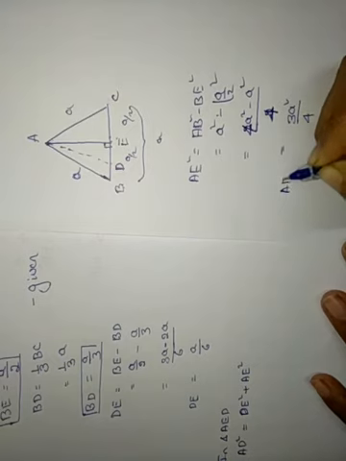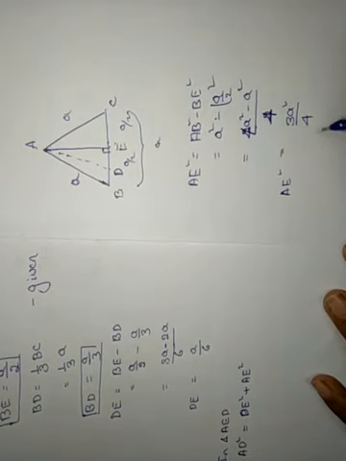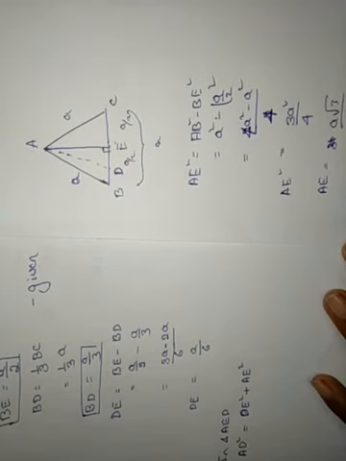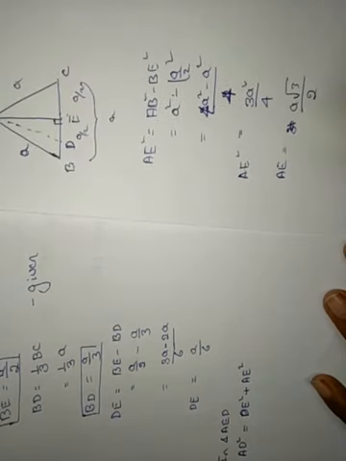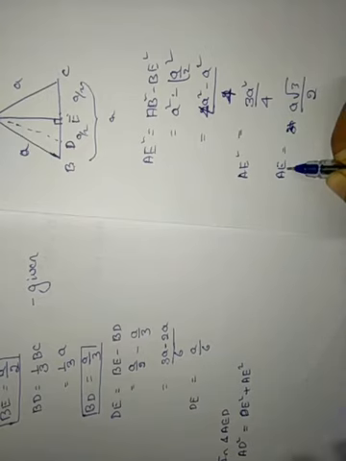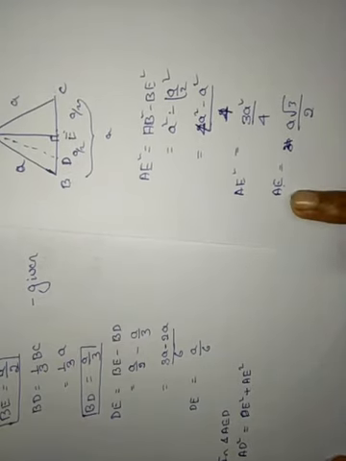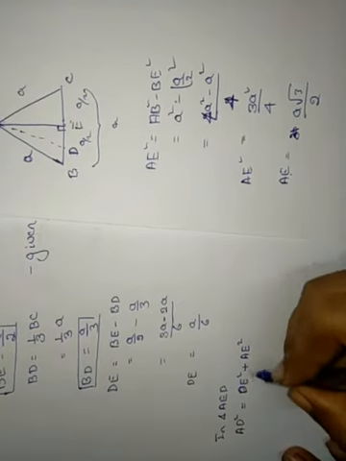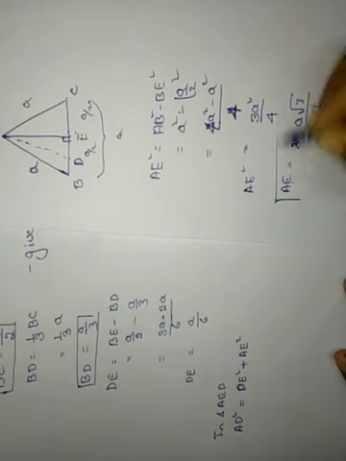Now we got AE square as this much. We'll get AE is equal to a square root 3 divided by 2, isn't it? We got here AE. We are going to substitute this value in this equation. So we'll write it here.